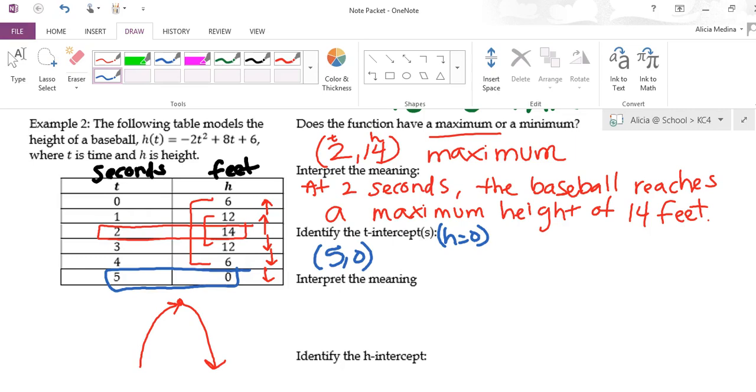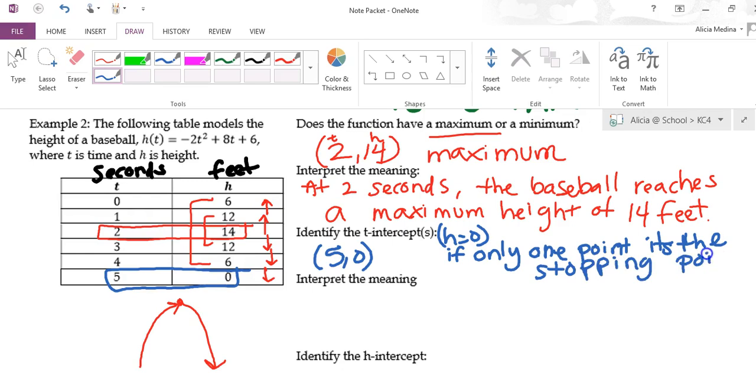So we could write that here: if only one point, it's the stopping point. Alright, so this is going to be our stopping point.